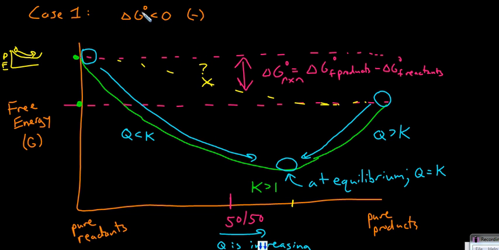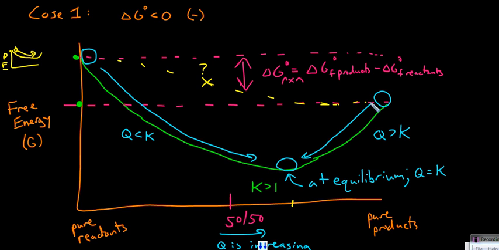overall, if you have a negative delta G at equilibrium, you're going to get an equilibrium in which we have more products than reactants, where your equilibrium constant is greater than 1. And notably, the free energy of our system is going to be lower than either pure reactants or pure products.